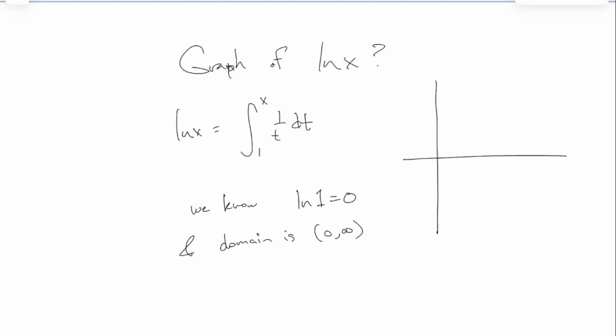You don't plug negative numbers into the natural log. Actually, you can, and if you allow imaginary numbers, you get imaginary numbers, but we're not into that at this point. We know the natural log of 1 is 0, and its domain is 0 to infinity. So if I'm going to plot this, it goes through this point, right? The graph of the natural log goes through that point.